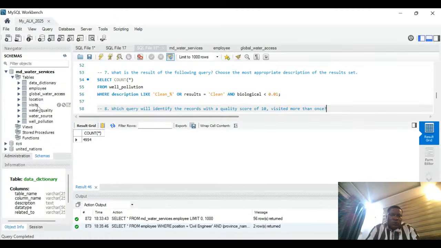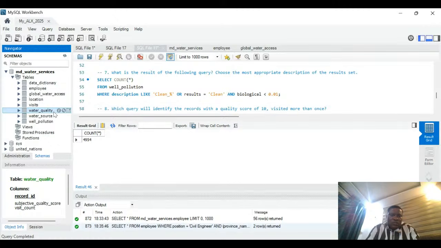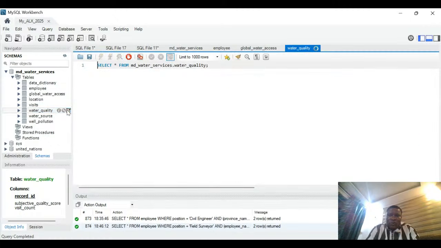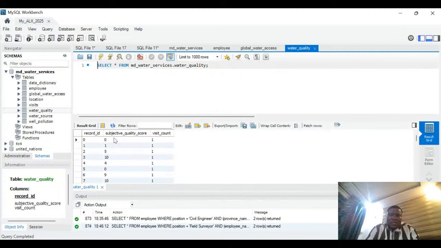The water quality table has record ID, subjective quality score, and then visit count. So it is telling us what the quality score of that record ID is, and how many times that source was visited.